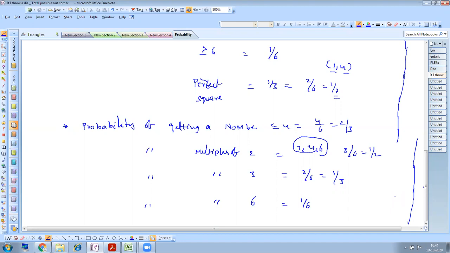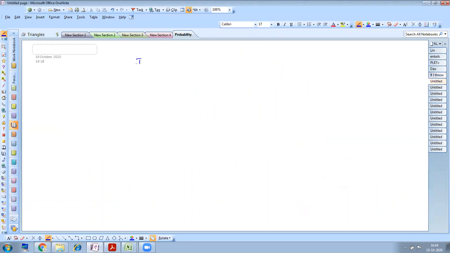Now, what is the meaning of complementary? Mathematically, I will tell you, then we can get an idea of what complementary means. Suppose I throw a die and ask, what is the probability of getting a number 4?